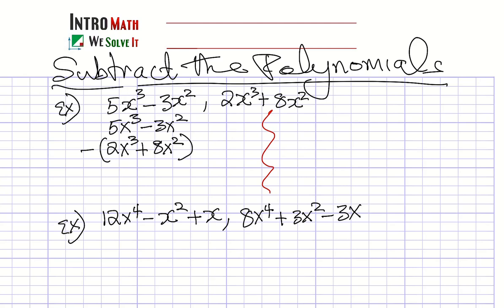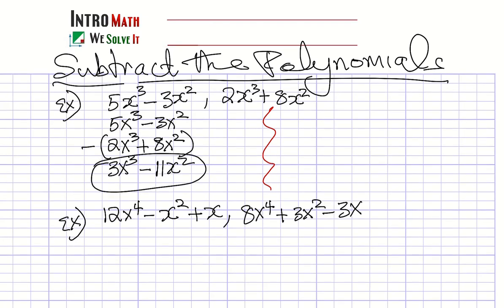Minus 3, subtract plus 8. Don't forget that you got to change the sign. So it becomes minus 11x raised to power 2. And then you do the other one, 5 minus 2, it becomes 3 raised to power right there. So they were done. That's what we're looking for. We'll knock that one out like that.